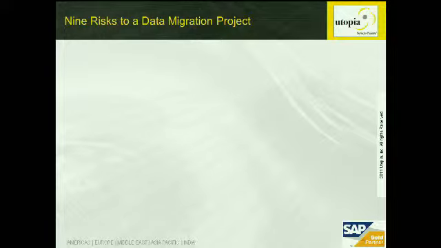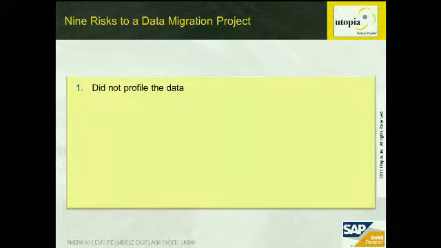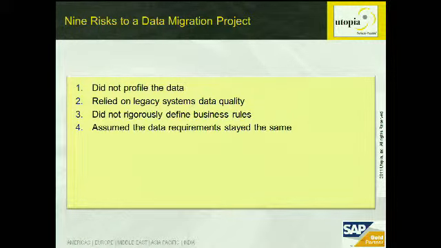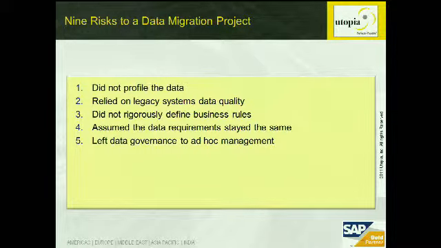And just to recap, those 9 risks for your data migration project are: did not profile the data, relied on legacy systems data quality, did not rigorously define the business rules, assumed that the data requirements stayed the same, you left the data governance process to ad hoc management.